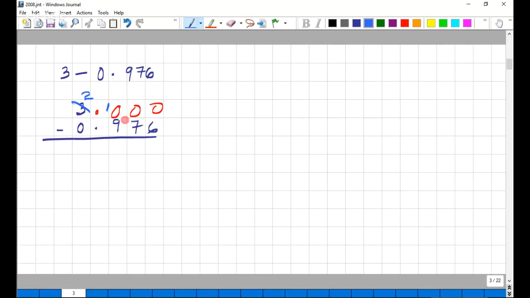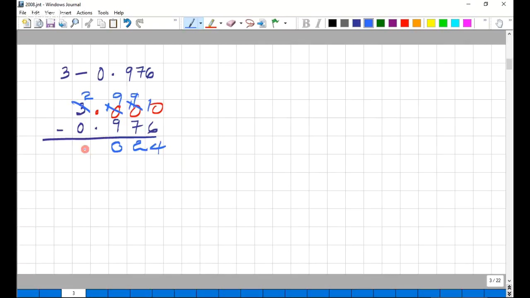And now I'm going to borrow from 10, leaving 9. Repeat, leaving 9, having it here. So 6 from 10 will leave me with 4, because 4 and 6 makes 10. 7 from 9 will leave me with 2, because 2 and 7 makes 9. 9 from 9 will leave me with nothing, 0.